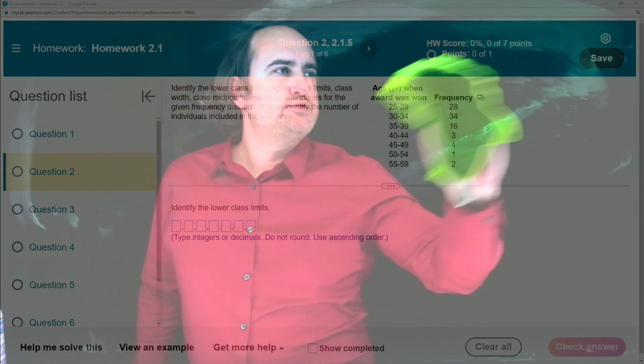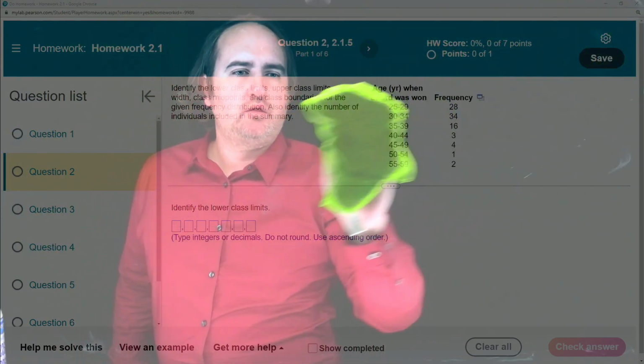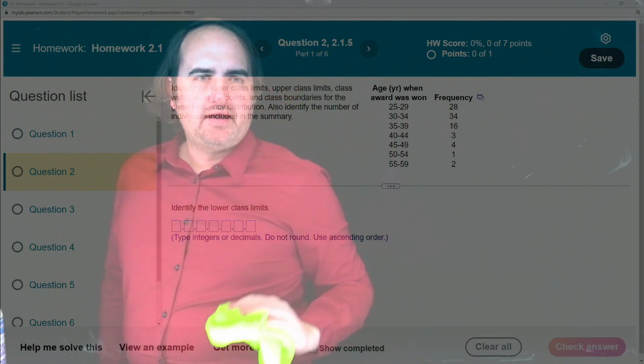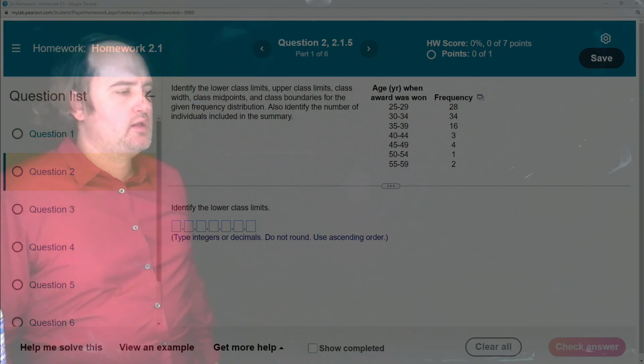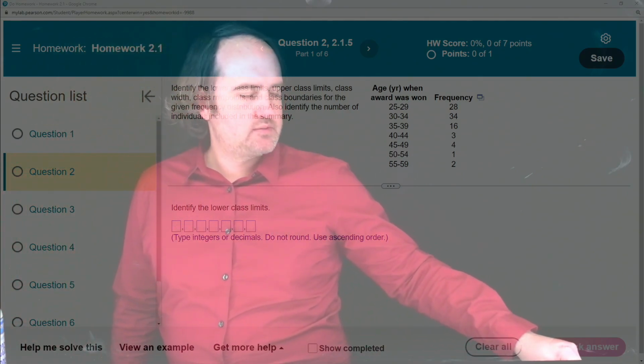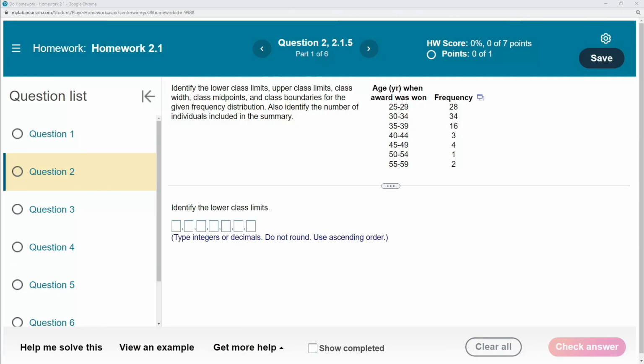All right, so taking a look at their first question here, the first question is to identify the lower class limits. So remember that the lower class limits are obtained by really just looking at this table.